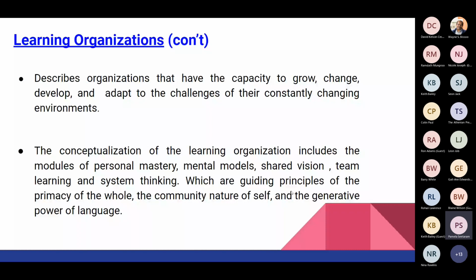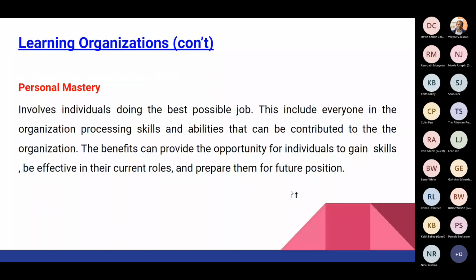We look at the personal mastery. Personal mastery involves individuals doing the best possible job. This includes everyone in the organization possessing skills and abilities that can be contributed to the organization.